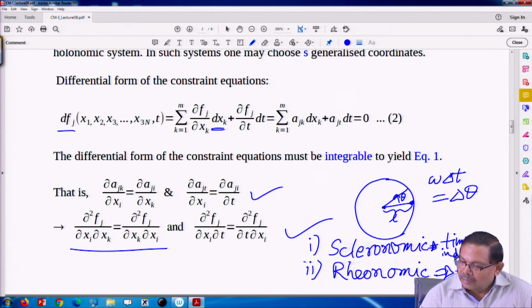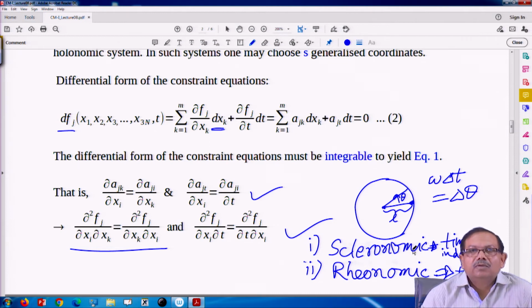And this is time dependent. So, double pendulum, simple pendulum and particle moving on a fixed circle, whether vertical or horizontal, etc., they are all examples of scleronomic constraints.